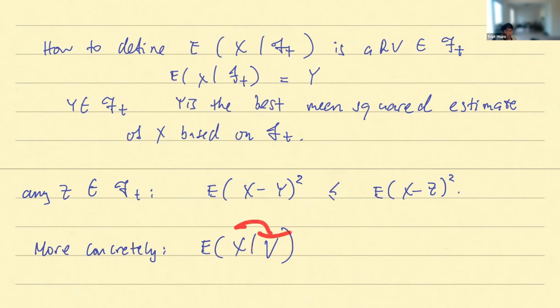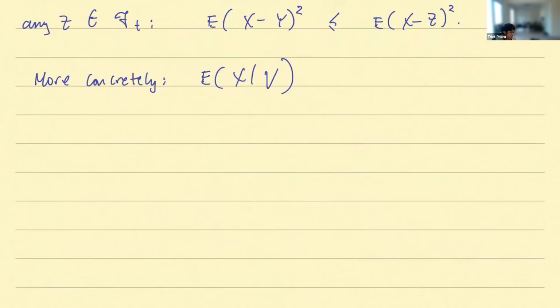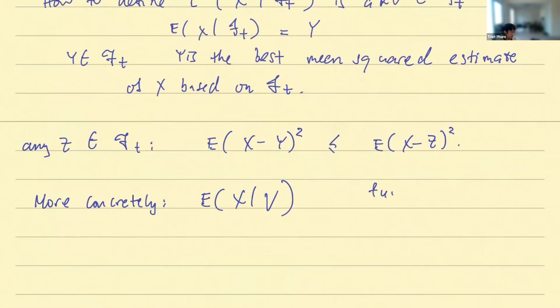This is what you will probably see more in the lower-level probability context. You would have two random variables that have some joint density, and you want to condition one on the other. You would have the joint density, and then you would divide by the marginal of v.